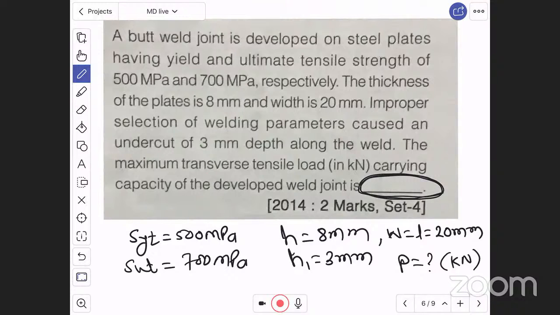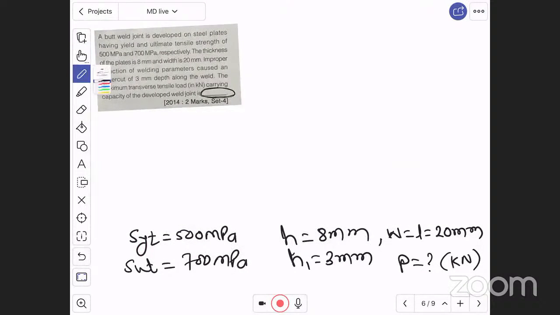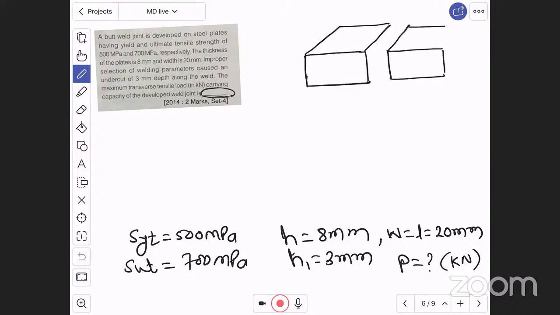Here I will zoom out the diagram, so that we will get sufficient space. Let us say here, these are the 2 plates. This is plate 1, right? And there is another plate. These 2 plates need to be welded, and at this portion welding is done.